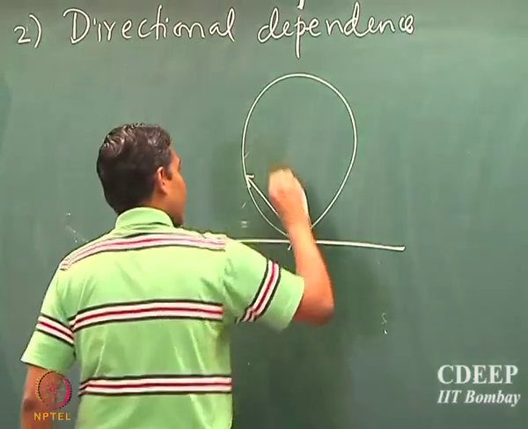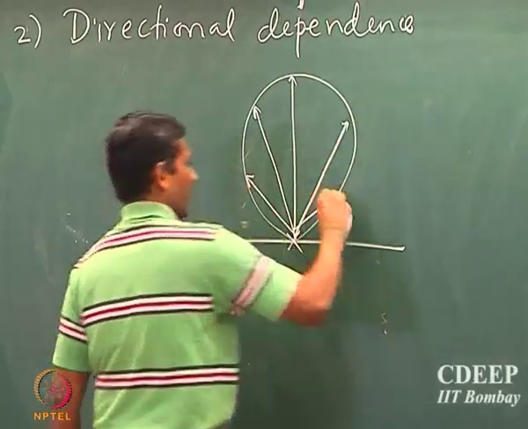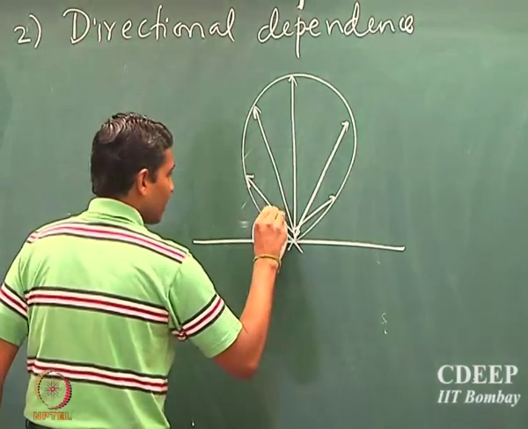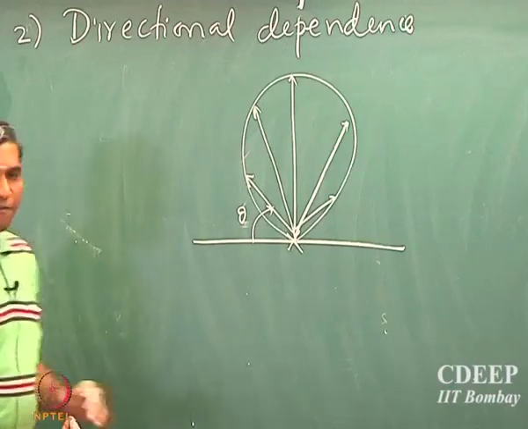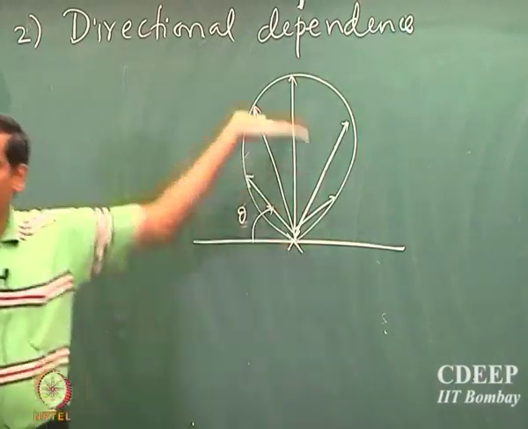So the radiation intensity is different in different directions. That's what it means by saying it has directional dependence, and theta is counted from this angle, going from 0 to pi.